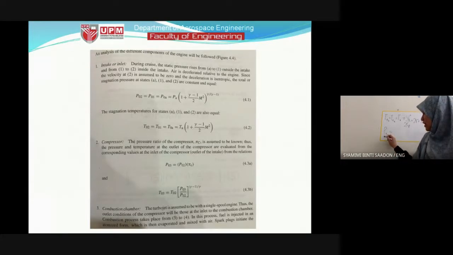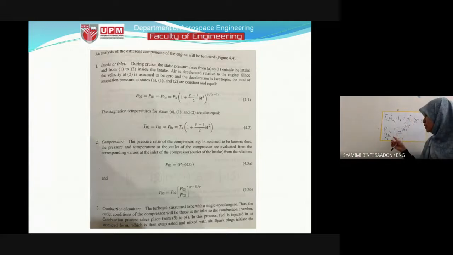But here it is for point 2 and A, not point 3 yet. So this is the definition: T A, gamma over gamma minus 1. Whether you want to use gamma 1.4 or 1.33 is okay. If it's given, then use whatever is given.